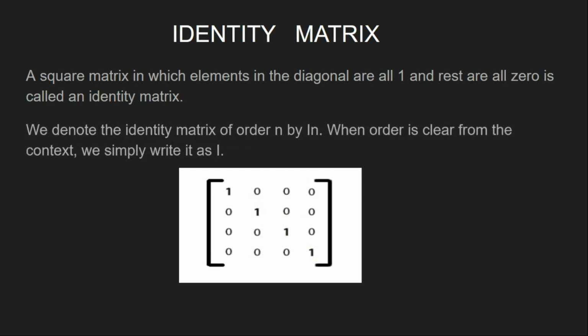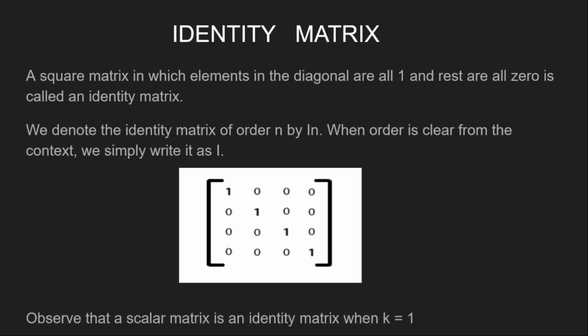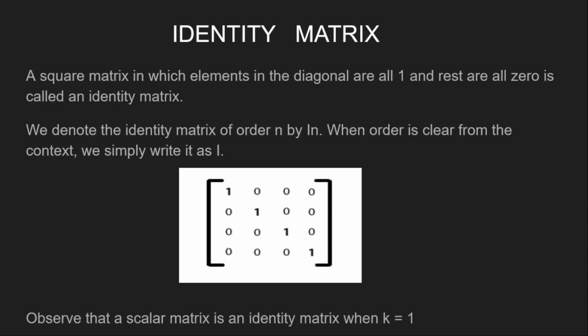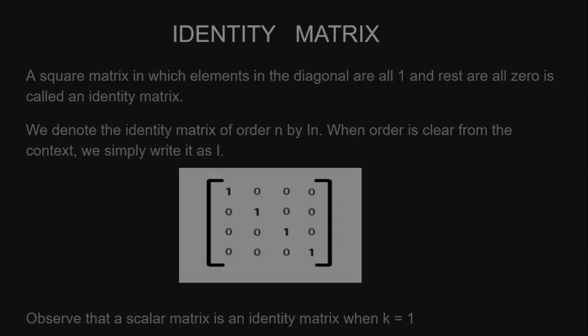We denote the identity matrix of order n by I_n. If there is any matrix of order 4, 5 or 6, it will be represented by I_n. When the order is clear from the context, we simply write it as I. Observe that a scalar matrix is an identity matrix when k is equal to 1. So this one was all about the identity matrix.